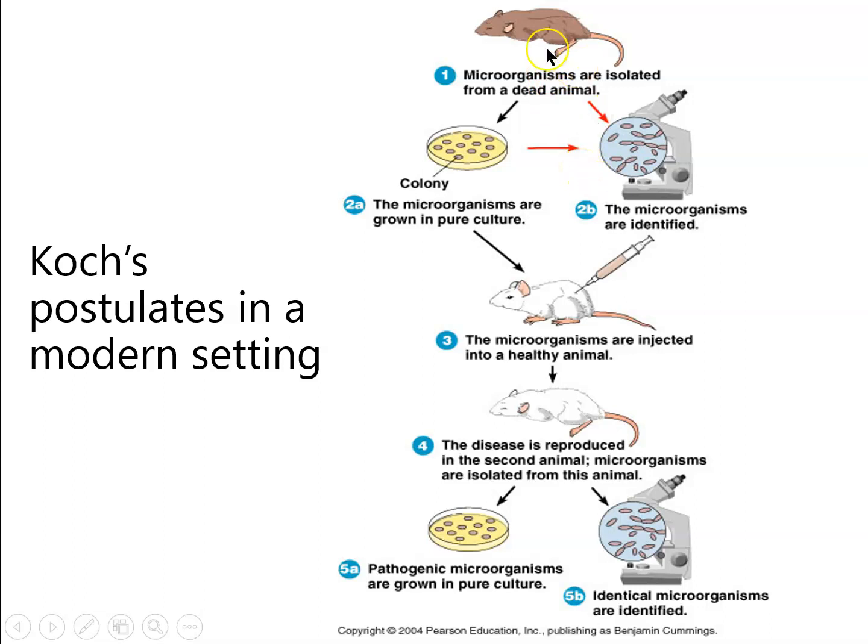what you've done is shown that the disease will happen if you introduce that particular bacterium, but it won't happen if you don't. So another way of saying it is that this shows that bacterium or other microorganism is necessary and sufficient to cause the disease.